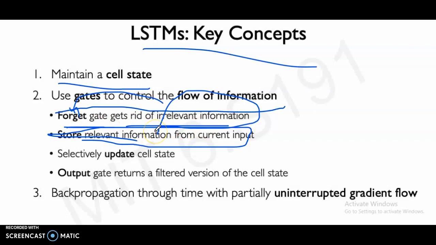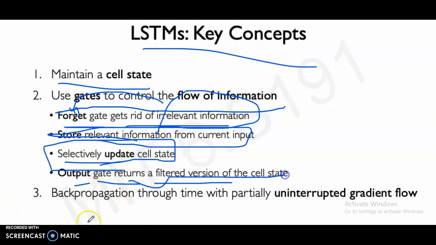Selectively update the cell state, not all of it. Output: the output gate returns a filtered version of the cell state.